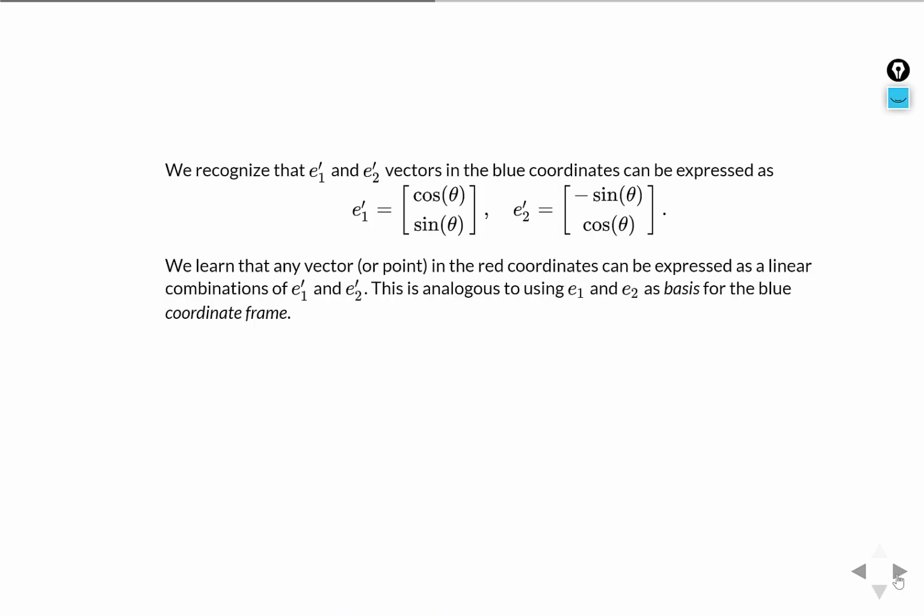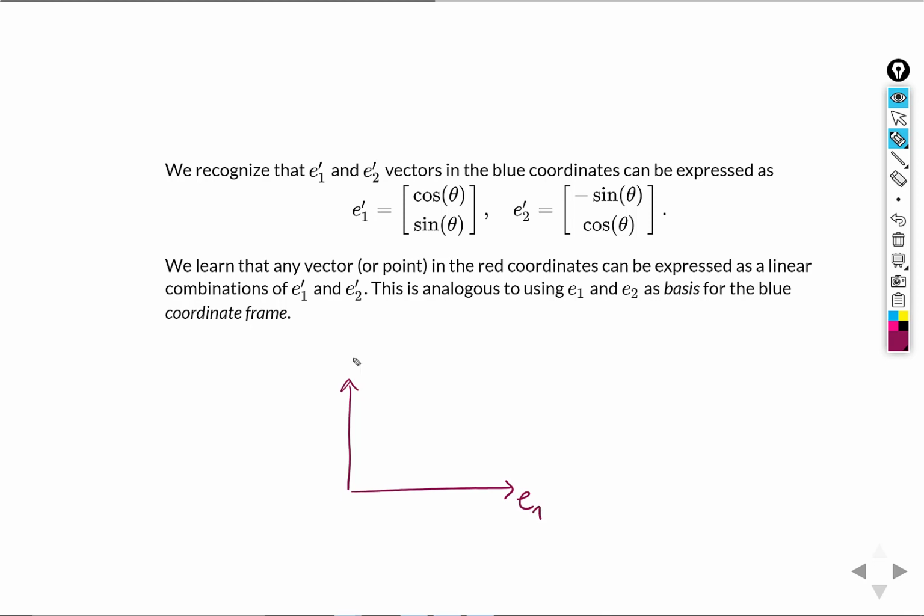First, using some basic trigonometry, we recognize that E1 prime and E2 prime can be written as the following vectors in the blue coordinates. Let's see why. We have E1 and E2. This was E1 prime. If this angle is theta, this will be cosine of theta, and this will be sine of theta.